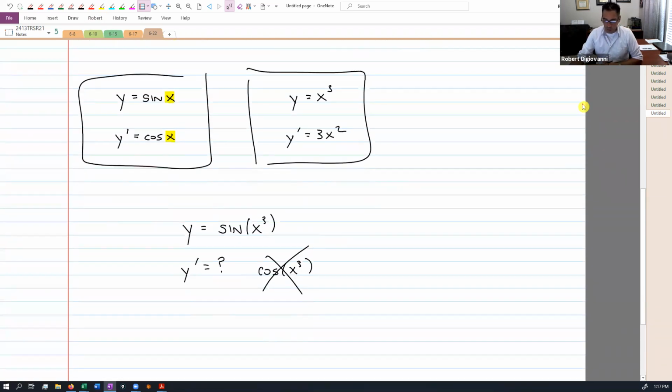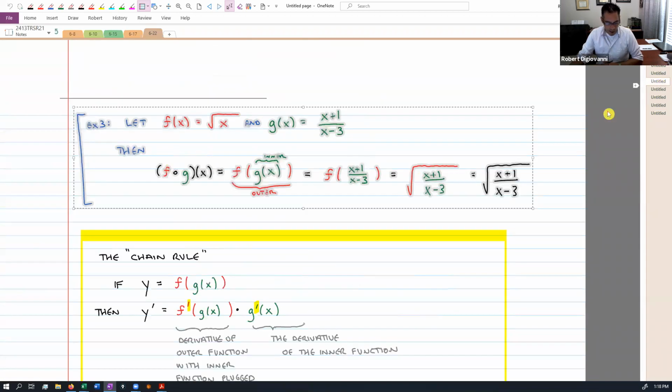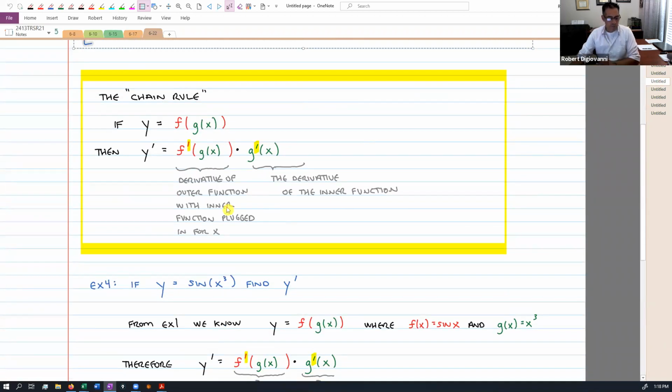So here's the rule. The almighty chain rule. It says, if you have y is some composition of two functions, f of g of x, composition, right? Then the derivative is equal to f prime of g of x times g prime of x. Okay, so I wrote it down here what this means.